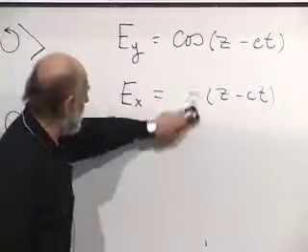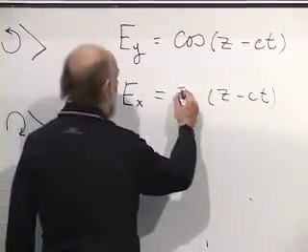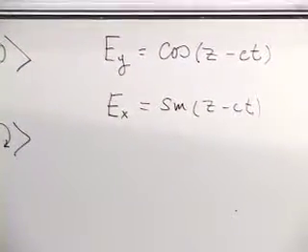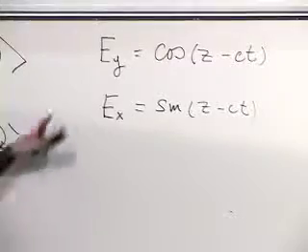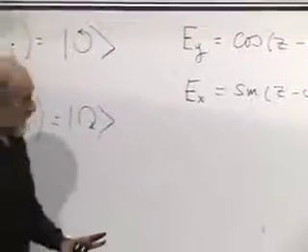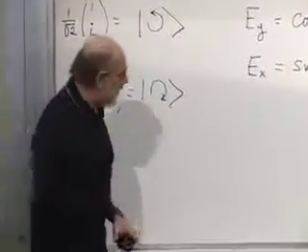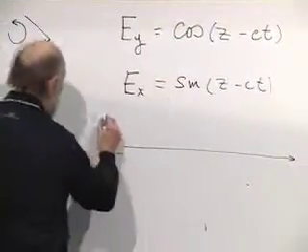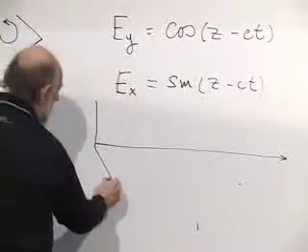But we put them out of phase. What that means, now these are the electric fields, no magnetic field. I have not mixed in the magnetic field at all. What this says is, if we look, here's the z-axis down here. Here's x.